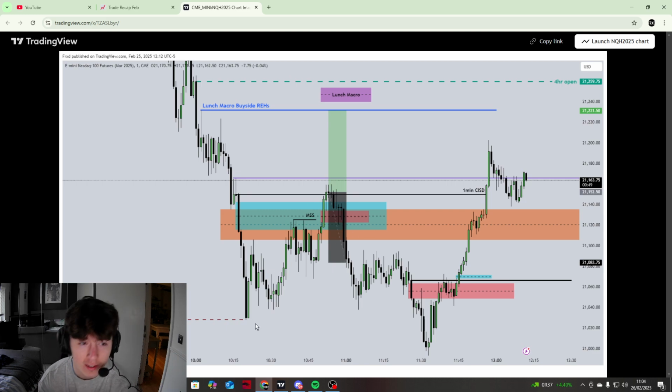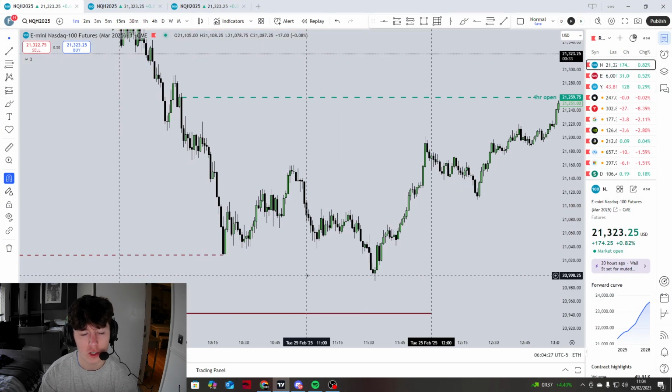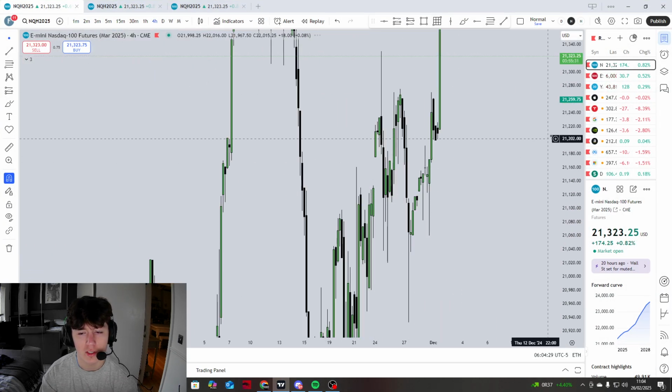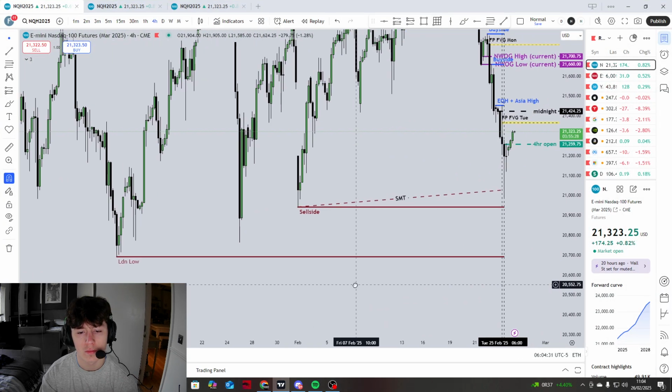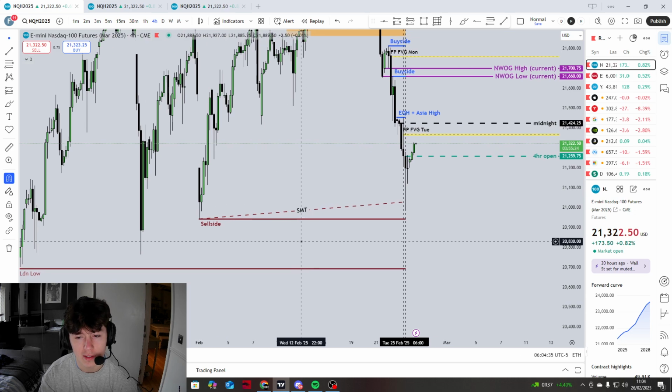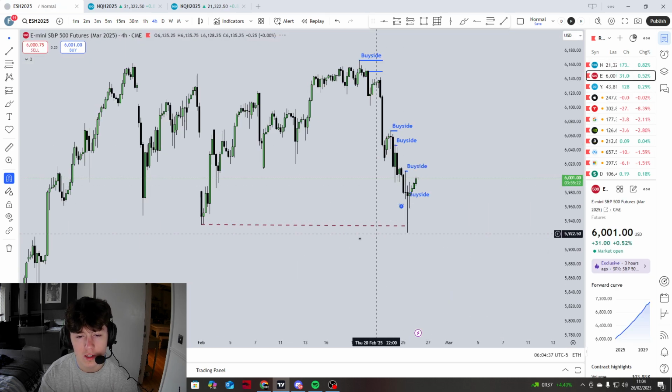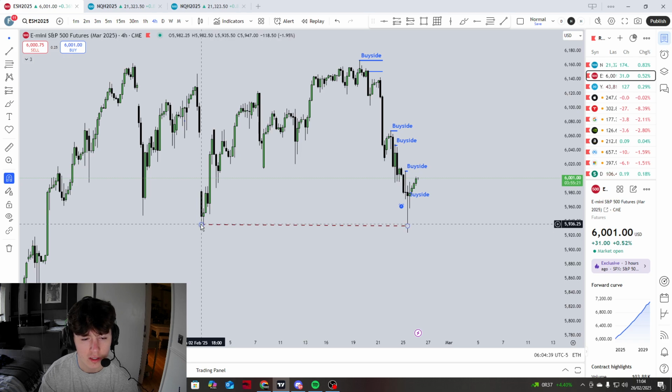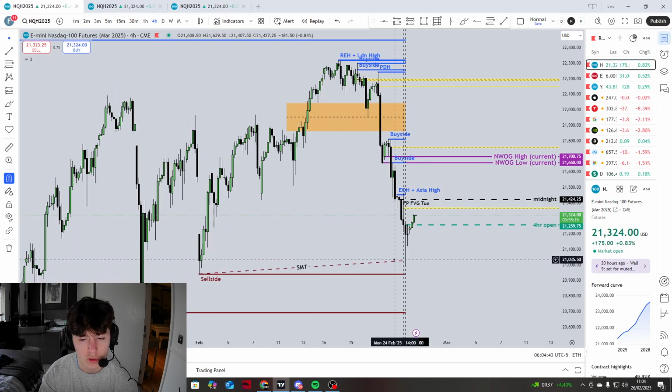I can't lie. If we go into the charts, we had a 4-hour SMT. You see Sunday the 2nd of Feb at 6 o'clock, and then you see Sunday 6 o'clock. We take this out, and on NAS we don't at the time, and we still have it on NAS, so we've got relative equal lows now.